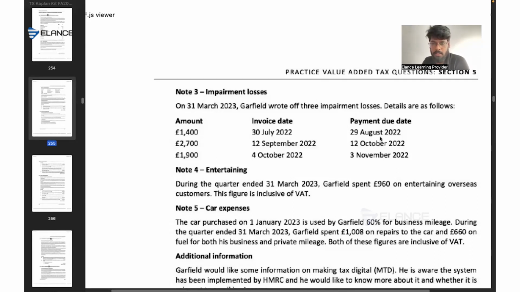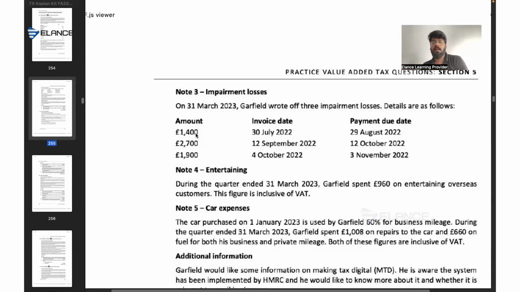From 29th August 2022, we can count. When it comes to 29th September, it will be 1 year. October, November, December, Jan, Feb. At 29th 2023, 6 months is completed on this 1,400 debt.